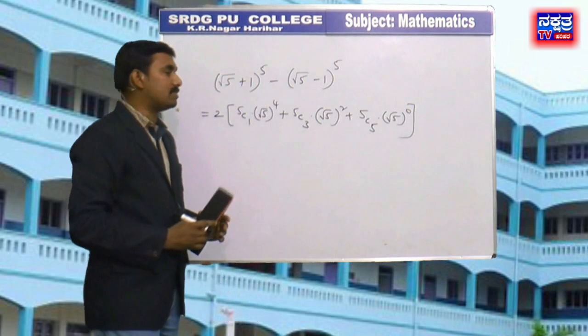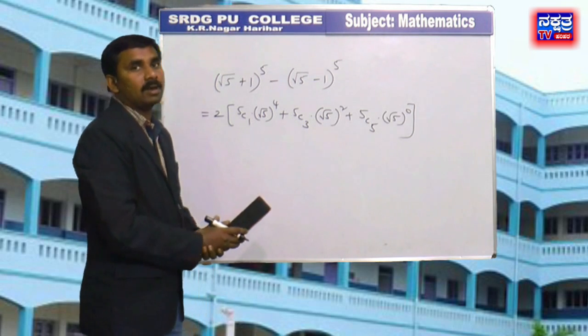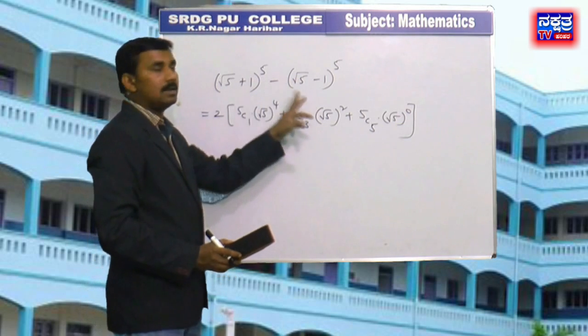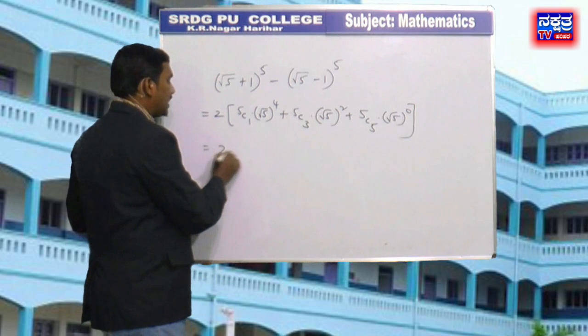So these are the terms. Here 5c1, 5c3, 5c5. Even terms will remain. Odd terms will get cancelled by taking plus and minus. Hence, it is very easy to solve.